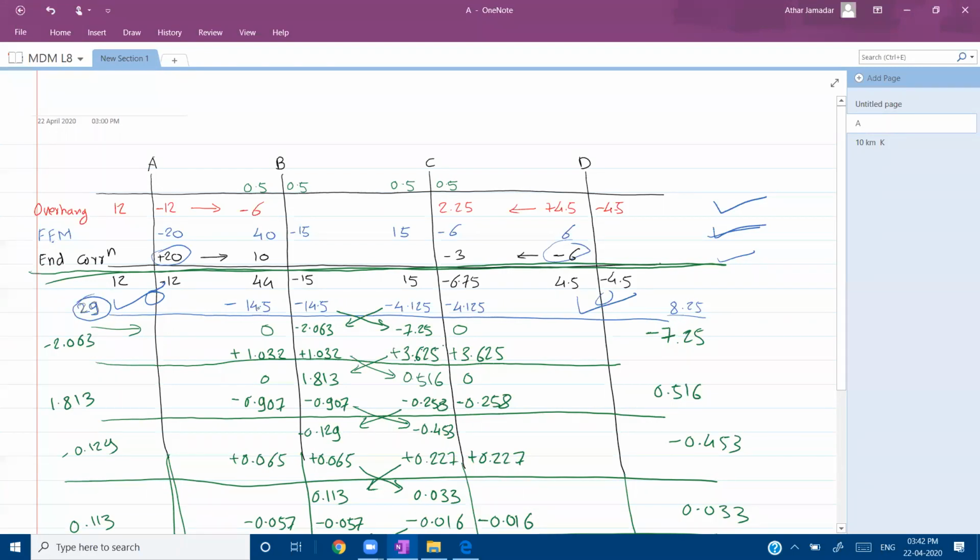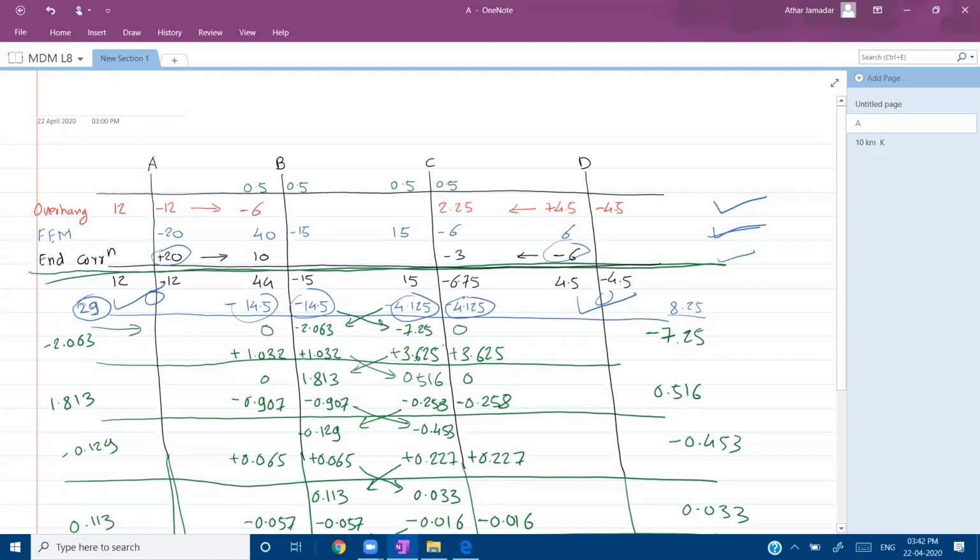Now to add correction, we multiply this unbalanced moment with the distribution factor. So this 14.5 value is nothing but 29 into 0.5. At both sides of the support, the distribution factor is 0.5, 0.5. So these corrections are the same at both sides. So here also this 4.125 is nothing but 8.25 into 0.5.